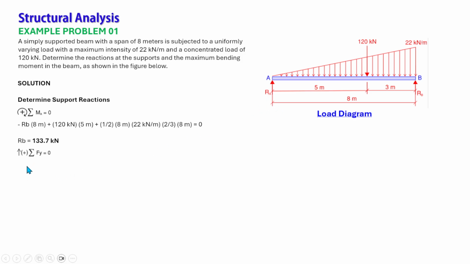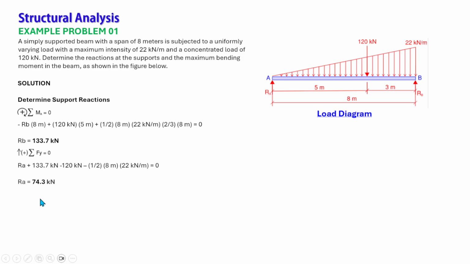The second one is to determine the reaction at A. By summing up forces along the y-axis equal to 0, we have RA plus 133.7 kilonewton minus 120 kilonewton, the concentrated load, minus the triangular load, which is 1/2 times 8 meters times 22 kilonewton per meter, equal to 0.